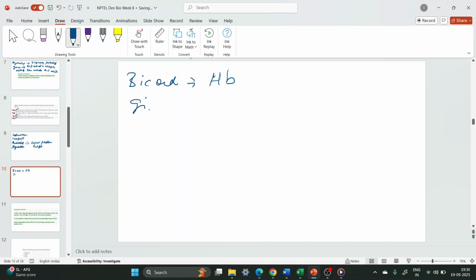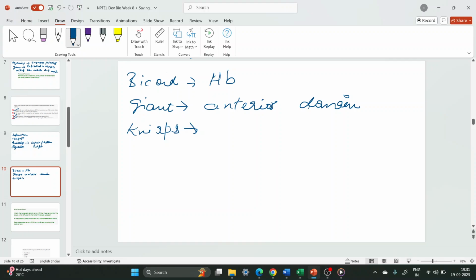Then giant, which is responsible for the anterior domain. Then knirps. It can be activated at low bicoid levels in the mid embryo but repressed at high levels in the anterior.